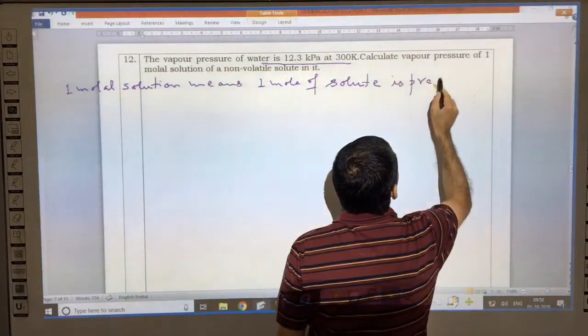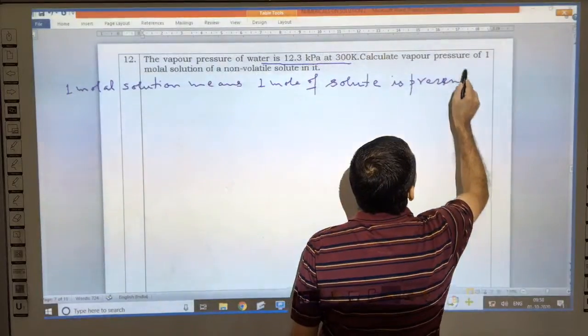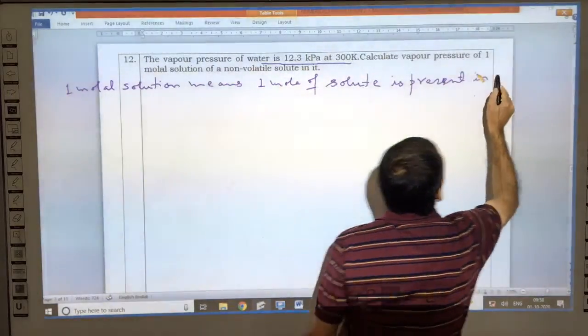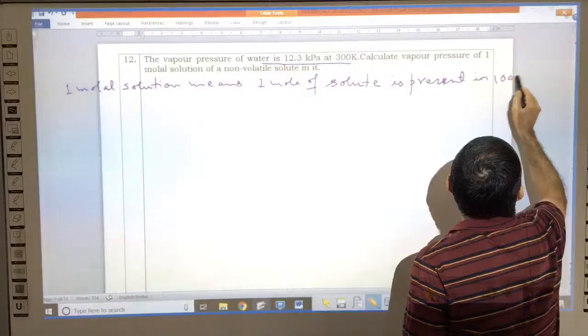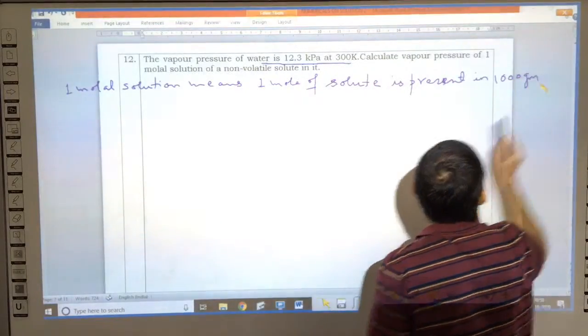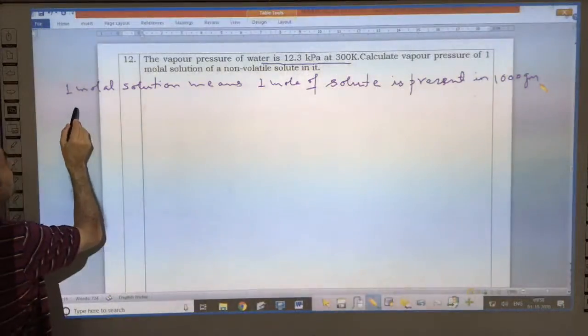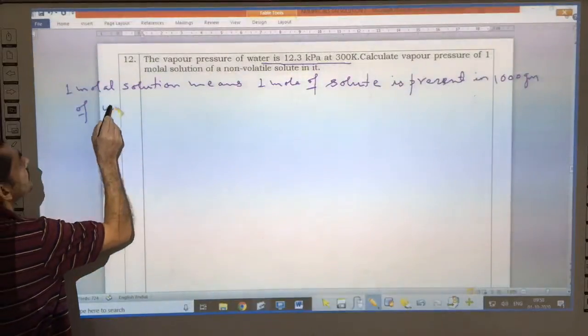Molality is present in 1000 grams of water. In 1000 grams of water. Okay.